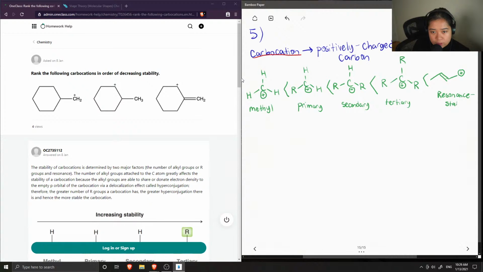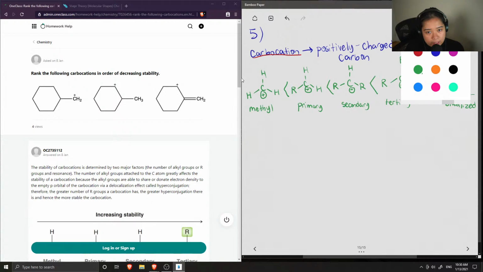And this is the most stable carbocation that we could have because the double bond will help delocalize the electrons and help neutralize that positive charge and make it a little more stable. So now let's look at our options that are given in the question.